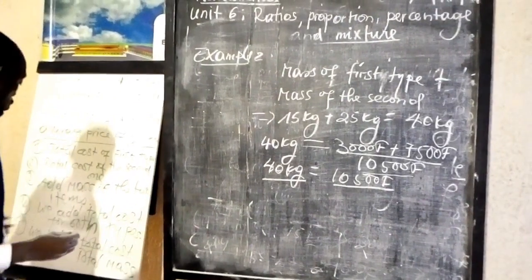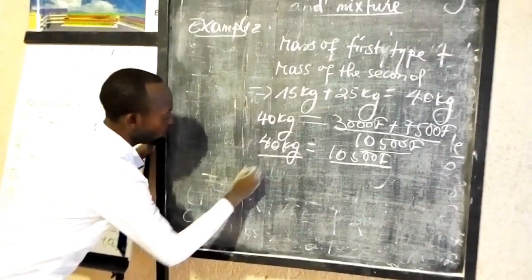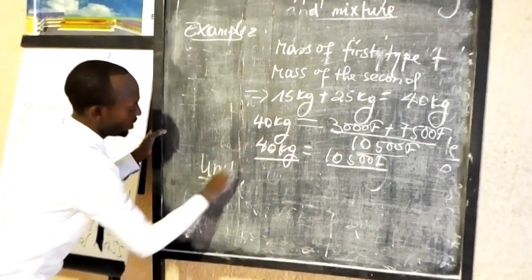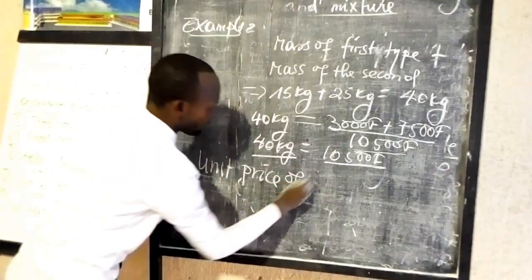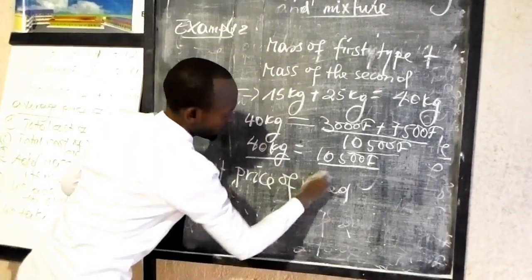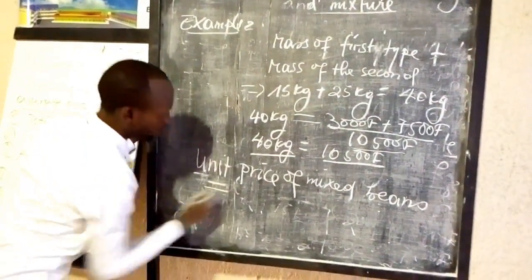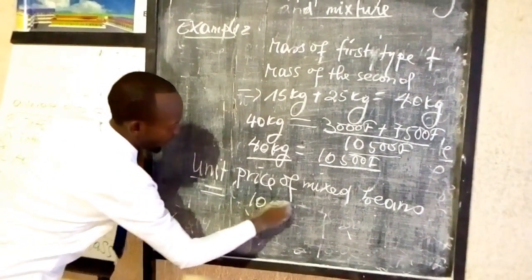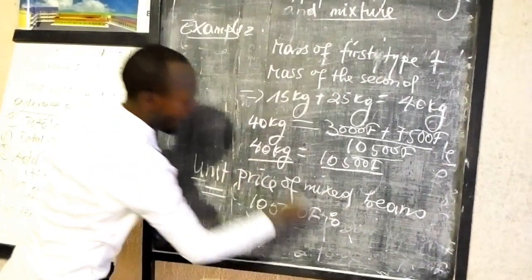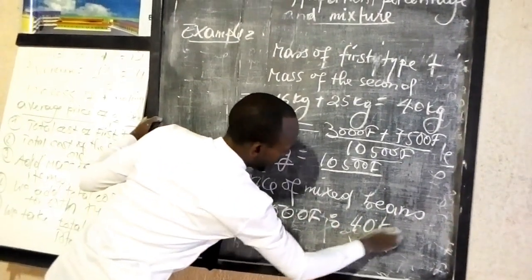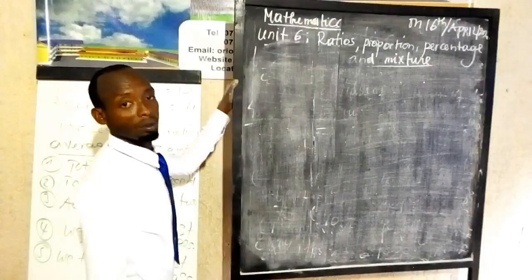Last point is to find the average price of mixture, which is equal to unit price of mixture. Unit price of mixed beans is equal to 10,500 francs divided by the number of the mass, 40 kilograms. Then we get the unit price of mixture.